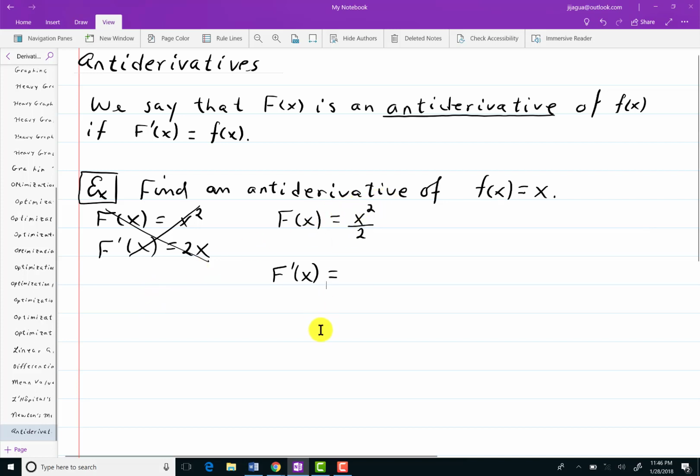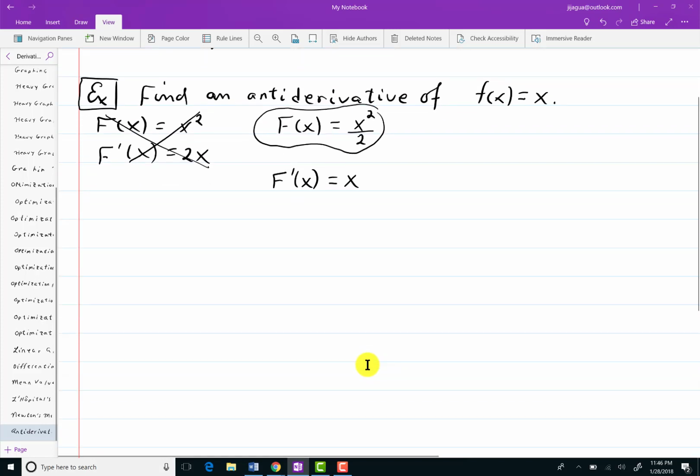That way, F prime of x will be 2x over 2, and then the 2's will cancel. So there you go. x squared over 2 is an antiderivative. The word "an" is important because there are multiple antiderivatives.